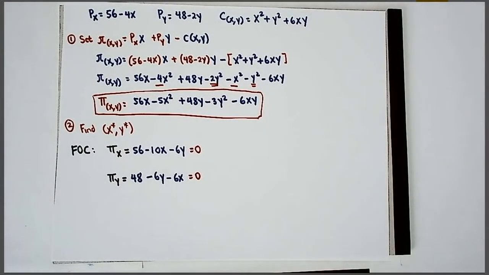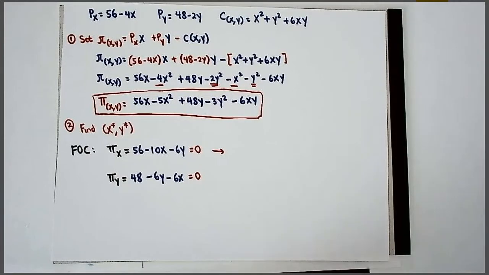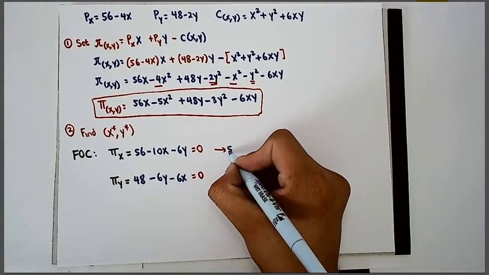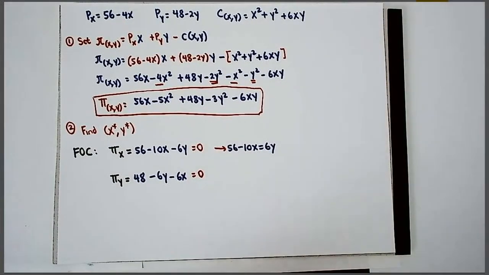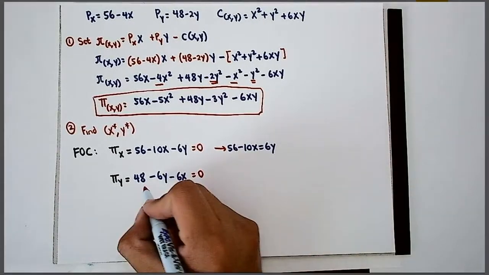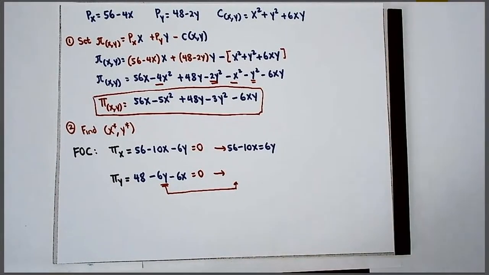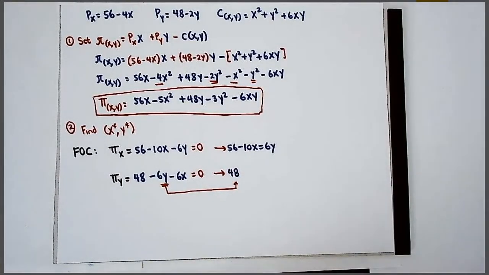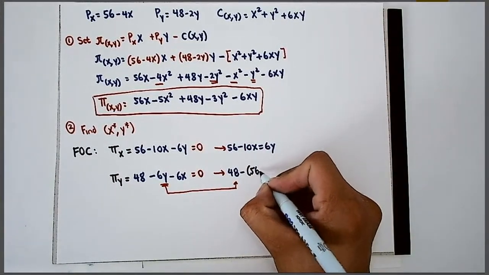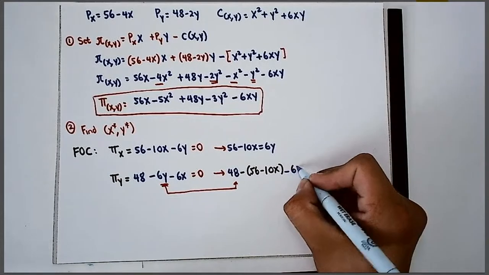Now from here, notice something interesting. We can put 56 minus 10x equals 6y. And we can replace that here. So this is 48, and instead of 6y, we can just write 56 minus 10x, minus 6x equals 0.